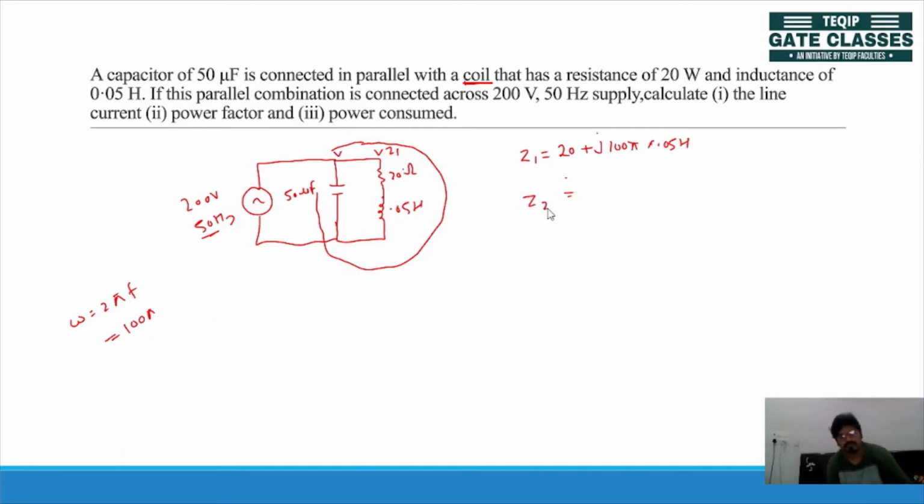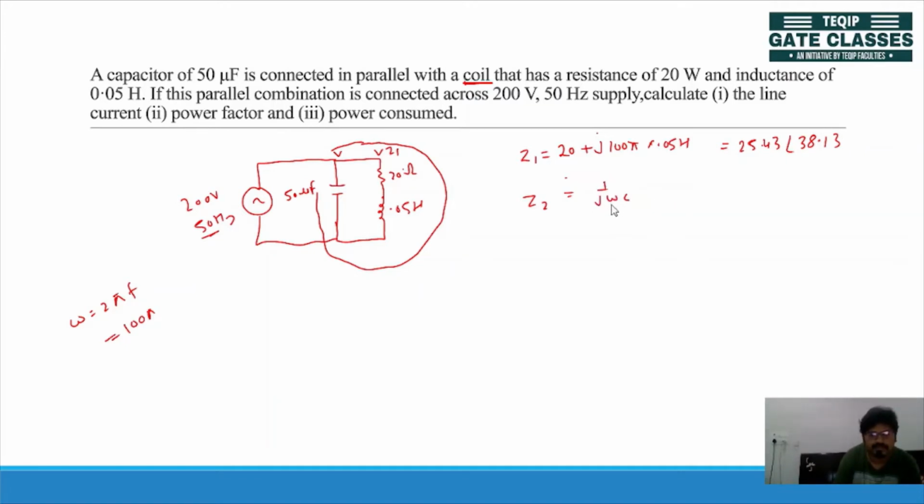So what will you get here? Z1 will be equal to 25.43 angle 38.13. If you have a complex number and convert it into polar form, you'll get this. And Z2, the impedance of this capacitance branch, will be 1 upon j omega C simply.